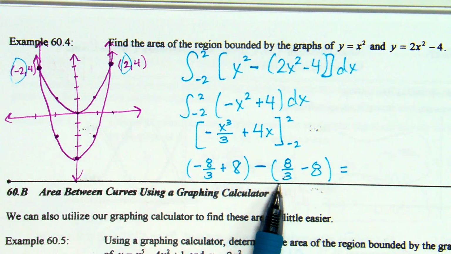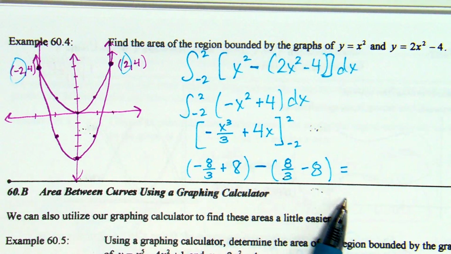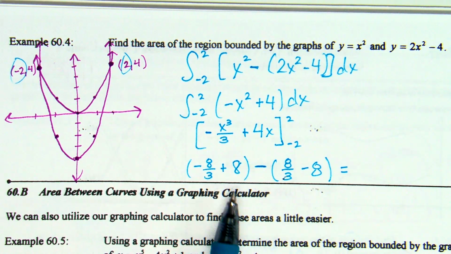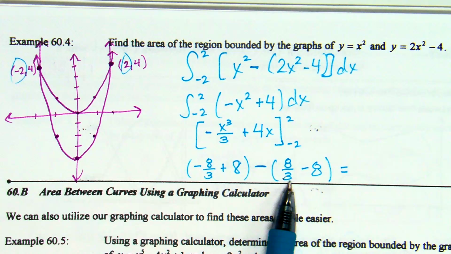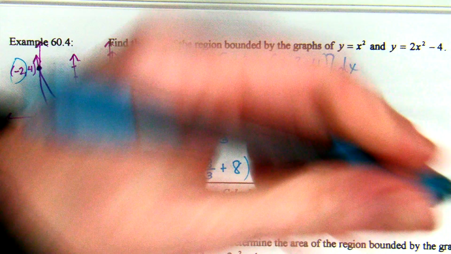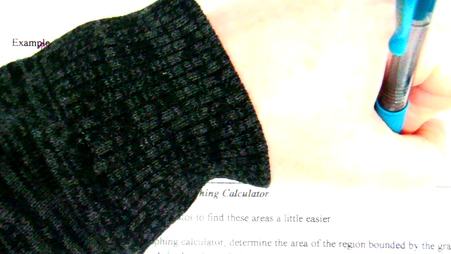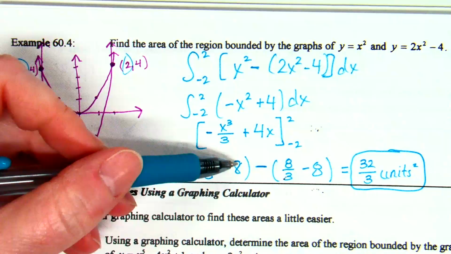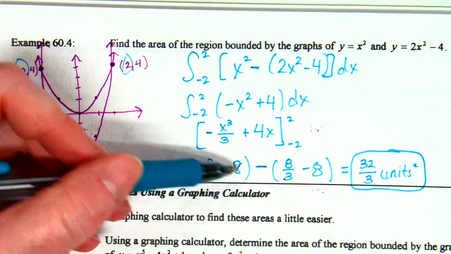So there I'm at negative 16 thirds plus 16. If I make 16 into thirds, it's going to be 64 thirds, I think. So negative 16 plus the 64. Somehow or another, you have to come up with 32 thirds. So probably it might have been better to say 8 is 24 thirds. Negative 8 thirds plus 24 thirds is 16 thirds minus a negative 16 thirds.